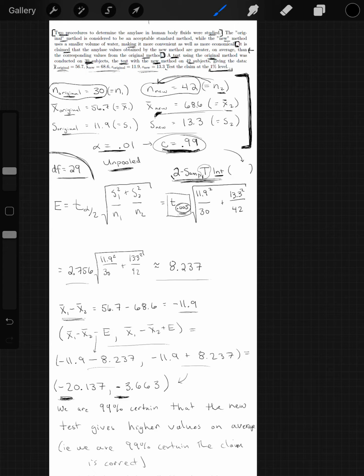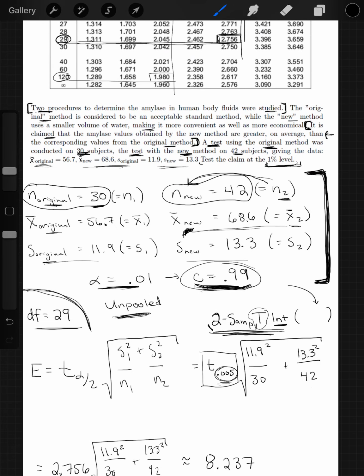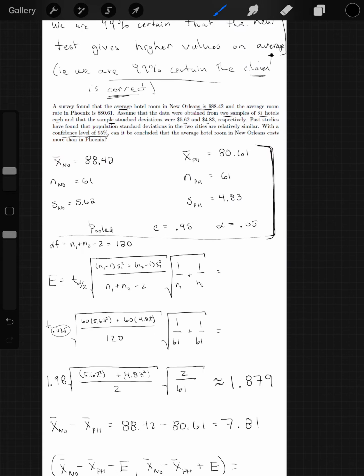And then we go back to that sentence that we put a pin into. It is claimed that the values obtained by the new method are greater on average. So that's exactly what we found, what we're 99% certain of. Another way to state this interpretation is that we are 99% certain that the claim is correct because it matches up with this sentence right here. So that's what we have for that one.